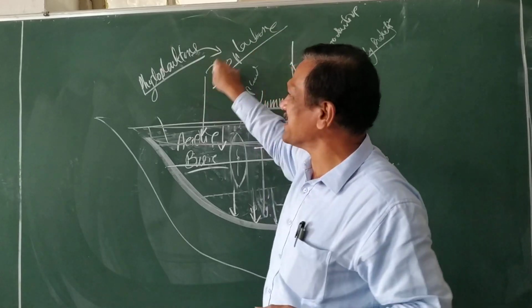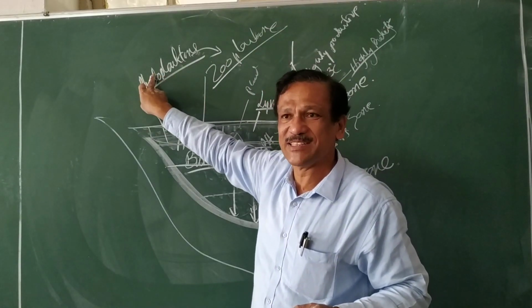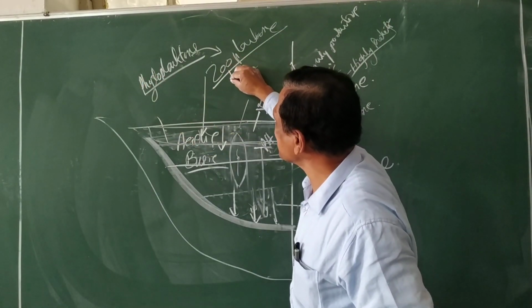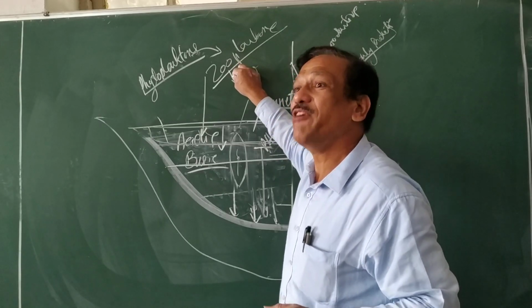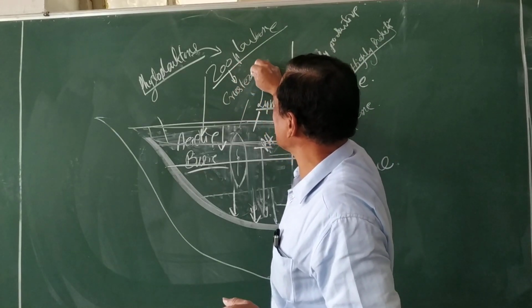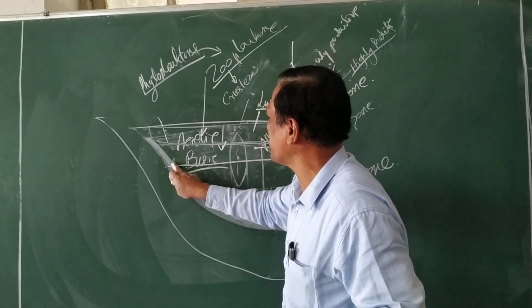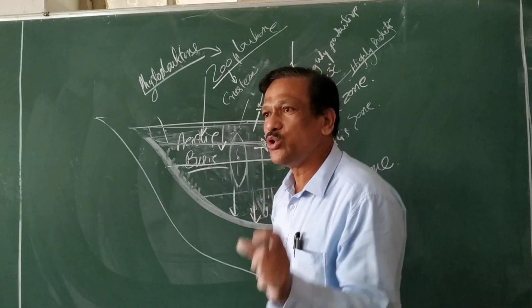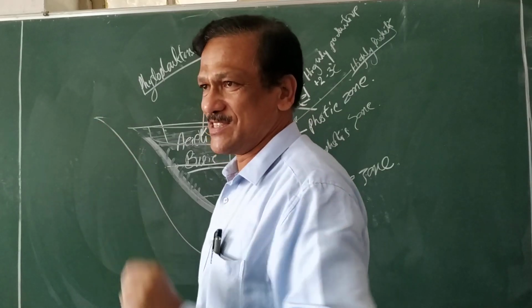And these zooplanktons feed on these phytoplanktons. And these zooplanktons are fed upon by small crustaceans. And these crustaceans are dwelling in the tubes. Therefore, they are called tube-dwelling crustaceans.